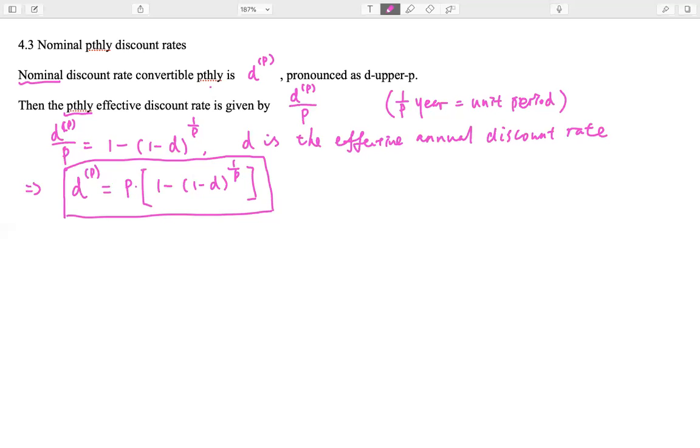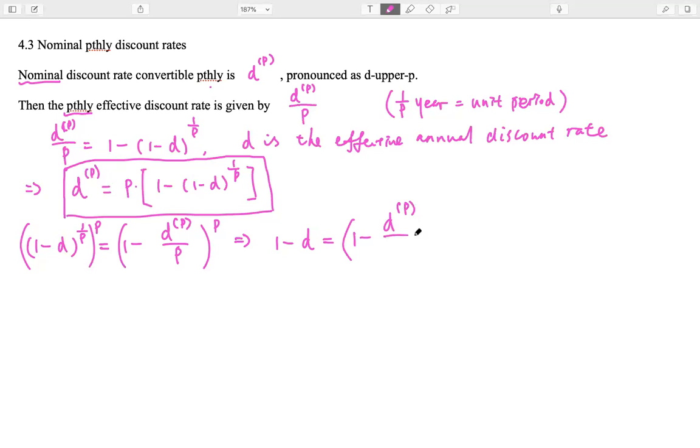Dividing by p on the right-hand side, we get 1 minus d to the 1 over p equals 1 minus d upper p divided by p. Raise the power to p times, so we get 1 minus d equals 1 minus d upper p divided by p, to the power of p.